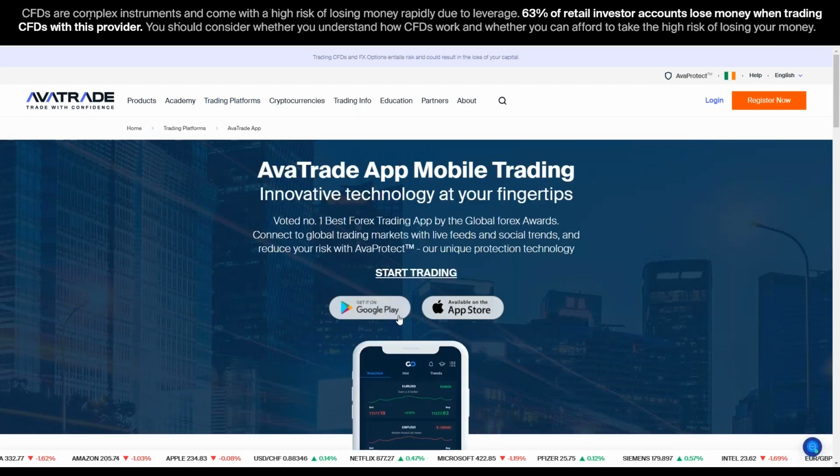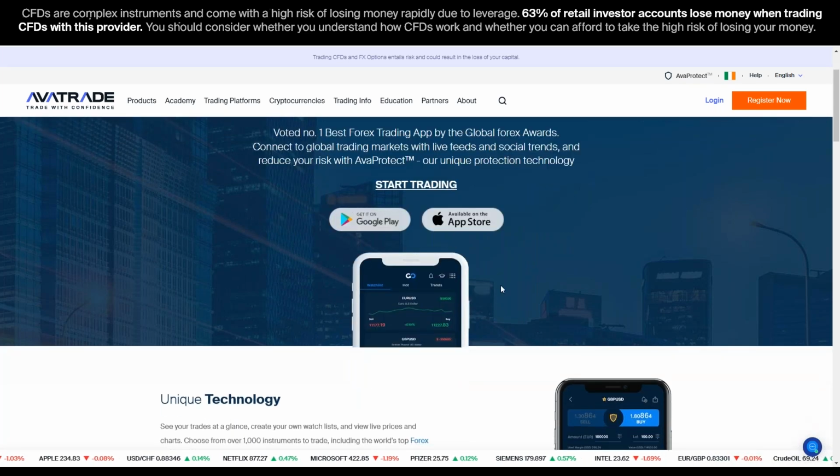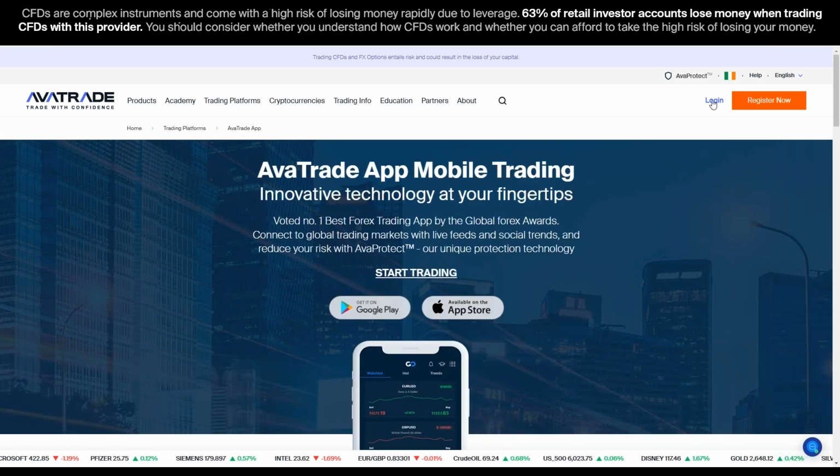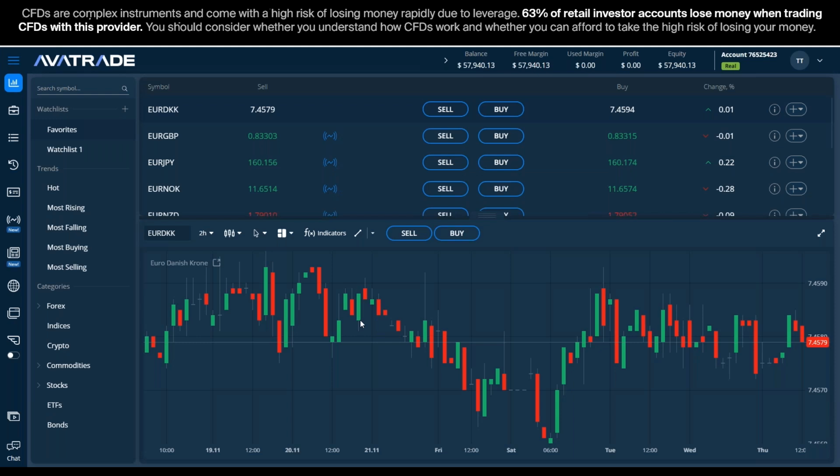You can follow these links or just search for the Ava app in your app store, and you'll find the same signals, the same fundamental news, etc. All of those tools are available in the app, just like the web trader that we're about to use. Now, if we log in here in the upper right corner, we will be in our web trader.